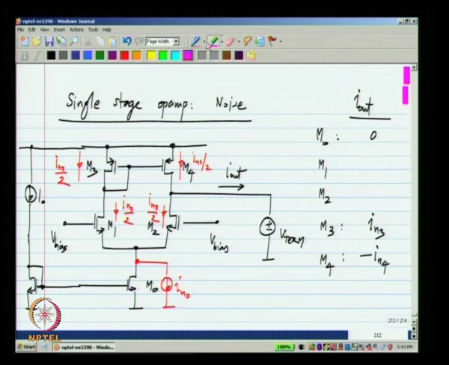Now, in a very similar way, the noise of M2 can be analyzed, and it turns out that exactly the same thing happens, and all of the noise of M2 will also appear at the output. So, you can do the analysis just as practice of this kind of analysis. All of IN1 will appear there, and if we do this with polarity downwards, this will turn out to be IN minus IN2.